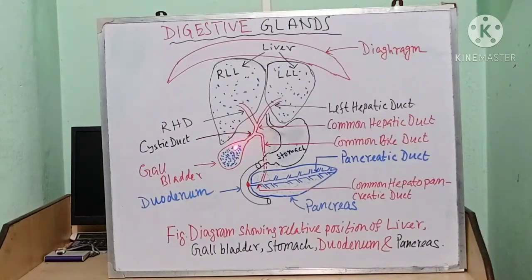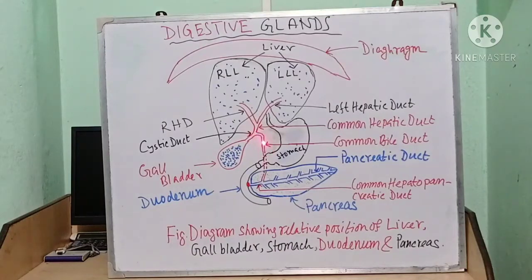Now this is the gallbladder. Bile from the common hepatic duct enters into the gallbladder through the cystic duct. Do you follow? This is the cystic duct. And bile from the gallbladder, when required, passes into the common bile duct.